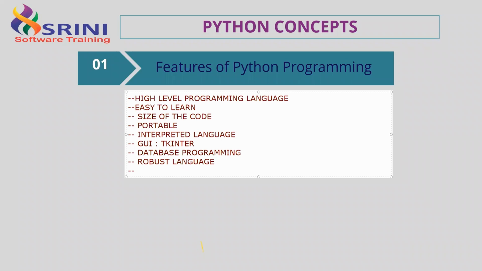Next, Python is a scalable language. Scalability means what? Expandable. If you develop a particular application such that at a particular point of time, 1,000 people request service from your application, or 10 million people are trying to use your application, does your application respond properly? If it responds properly, then the application is said to be scalable.